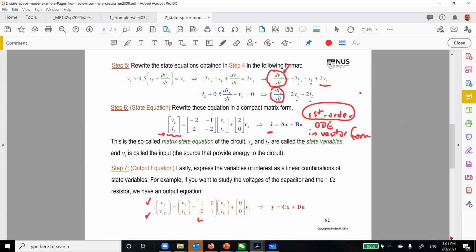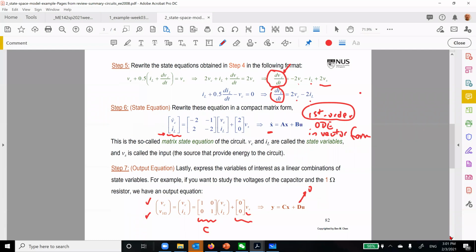So luckily, these two will be just my C matrix. And my input signal will not directly contribute to my output, so D is 0. And C happens to be an identity matrix.